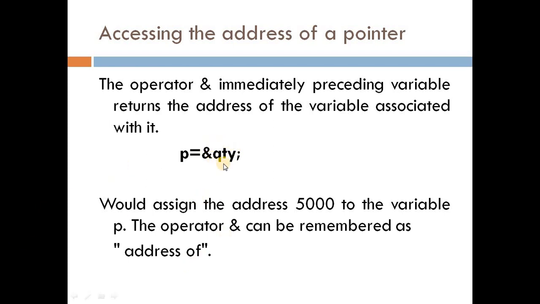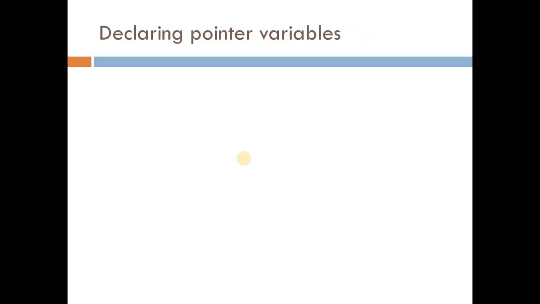Remember that whatever variable we use after the ampersand should be a simple variable or an array element. I hope you have understood how to access the address of a pointer.